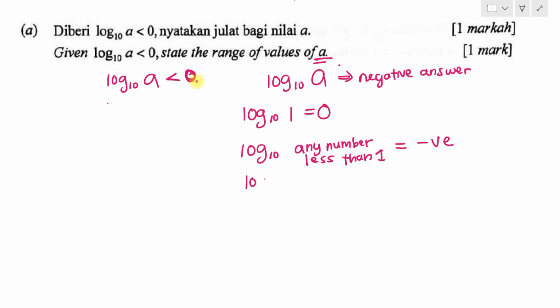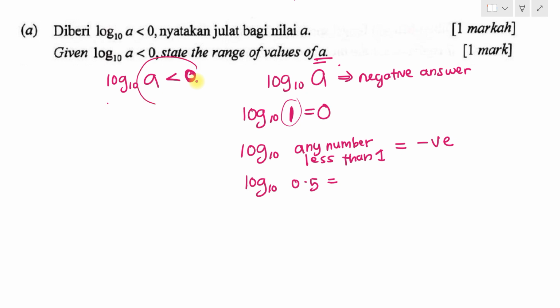For example, try log 10 0.5 in your calculator. You will get a negative answer. See that or not? Because at 1 itself already 0. So anything less than 1 should be negative.